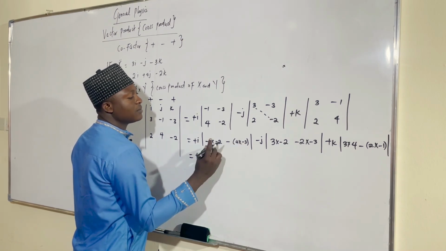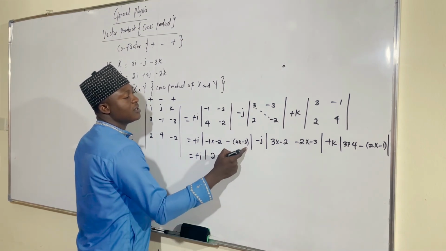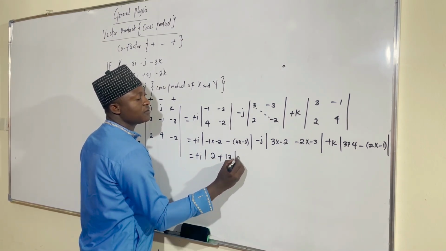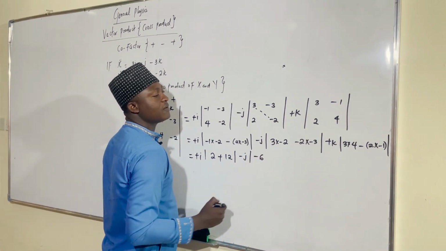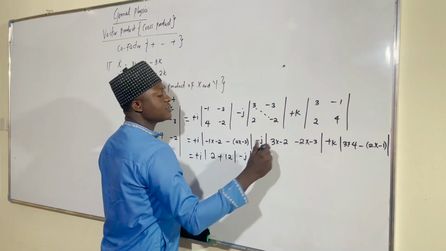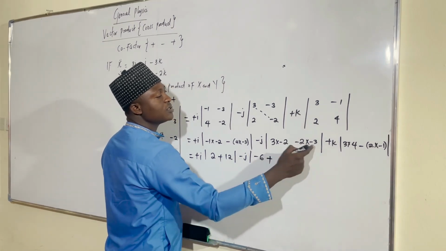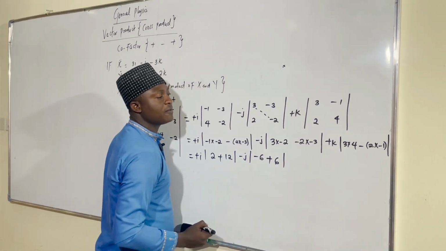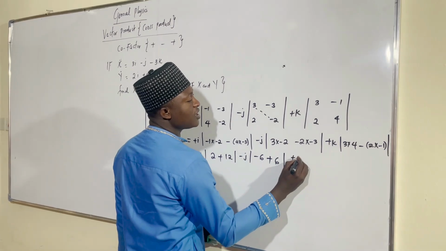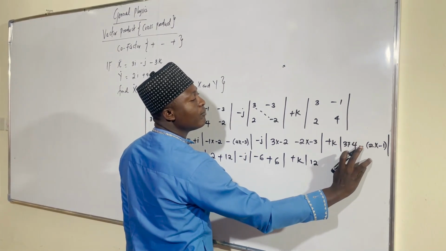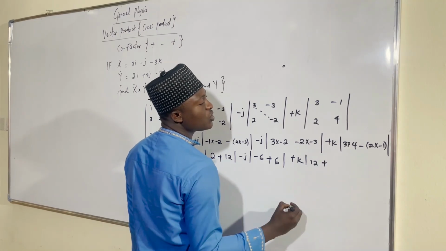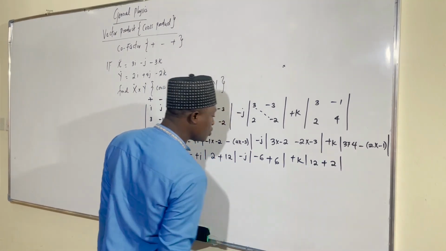So minus times minus, we are going to have plus. 4 times 3, we have 12. Minus J: 3 times minus 2, we are going to have minus 6. Minus times minus, we are going to have plus. 2 times 3, of course, we have 6. Then plus K. 3 times 4, we are going to have 12. Then minus times minus, we are going to have plus. 2 times 1, we are going to have 2.